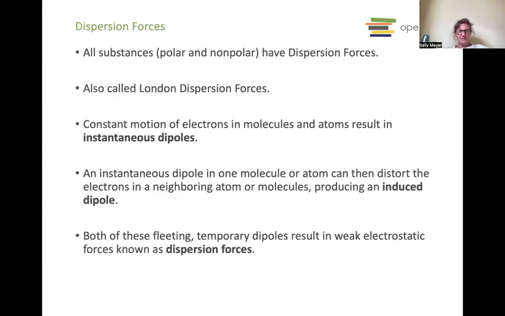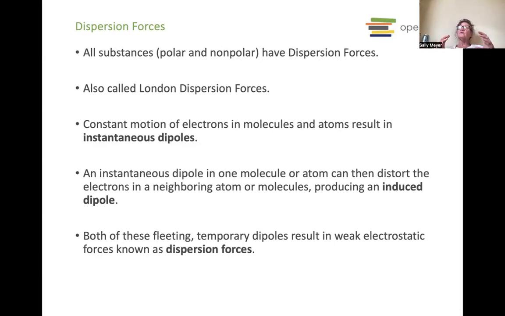So dispersion forces will be the first one we talk about. All substances, whether they're polar or nonpolar, have dispersion forces. They're also called London dispersion forces. And the constant motion of electrons in molecules and atoms results in instantaneous dipoles.